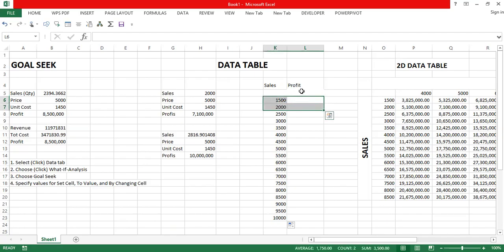So you click here, you type equal to, then you click the calculated profit value here.